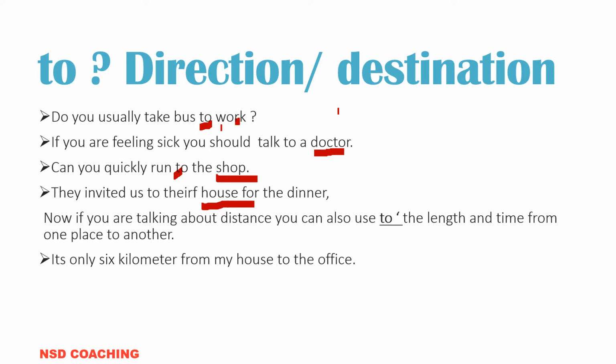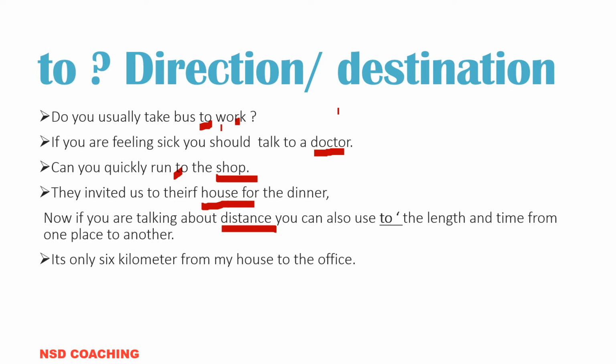Now if you're talking about distance, you can also use "to" for giving the length and time from one place to another, right? When you give out a distance, you can also use "to" for giving the length and time from one place to another. It's only 6 kilometers from my house to office.